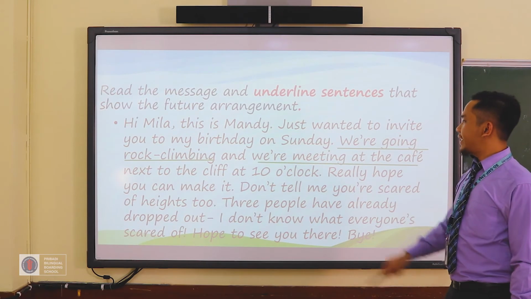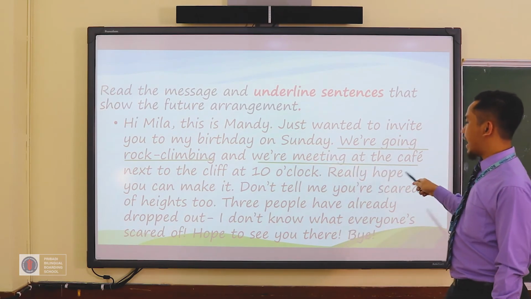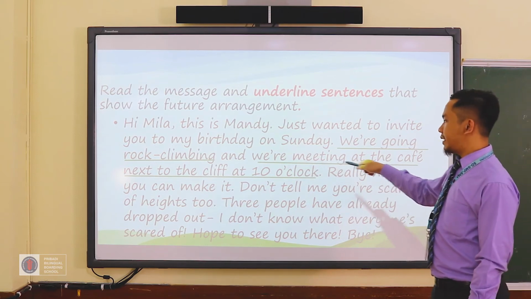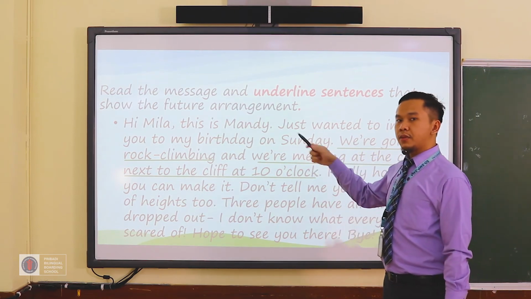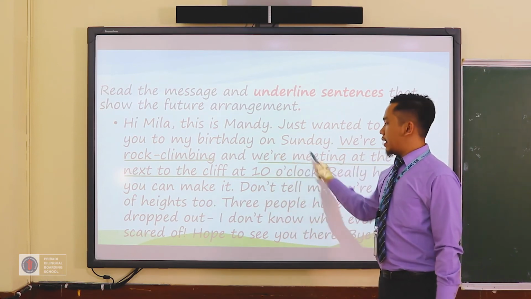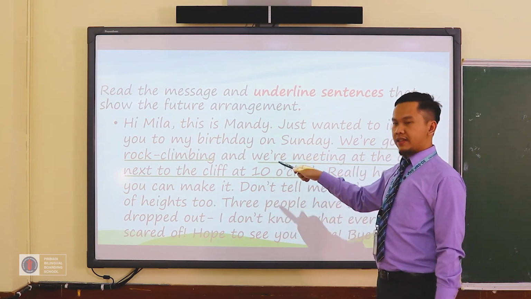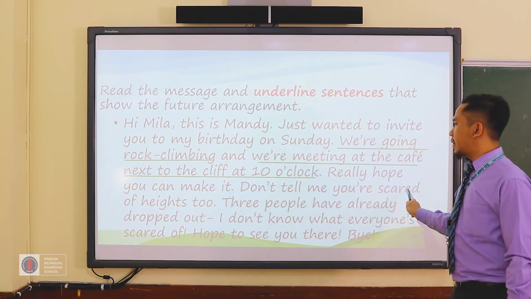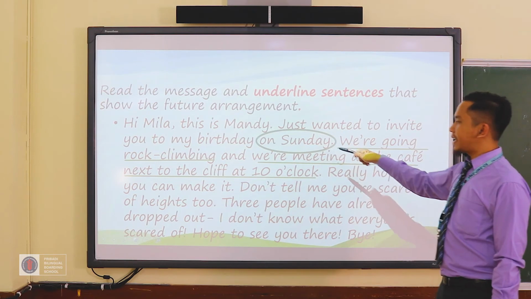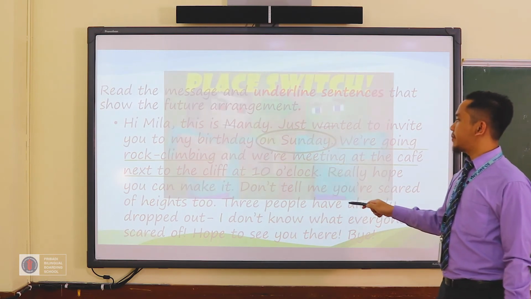Great. And we are meeting at the cafe next to the cliff at 10 o'clock. So you see here, they are talking about the plan or arrangement, a fixed arrangement, which is at a very specific time, at 10 o'clock, and a specific place. Okay, here on Sunday, see, specific time.